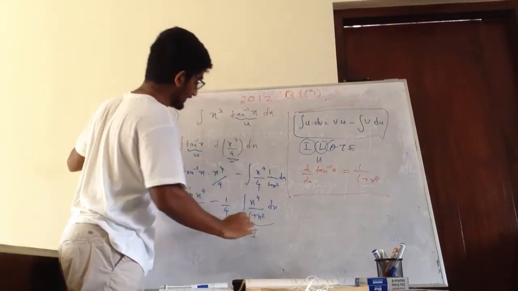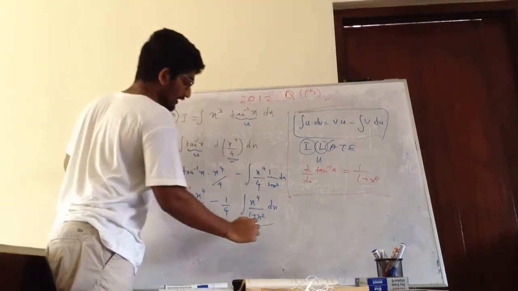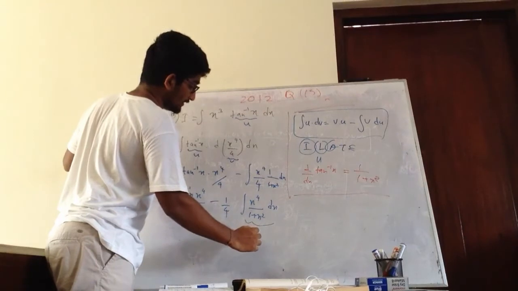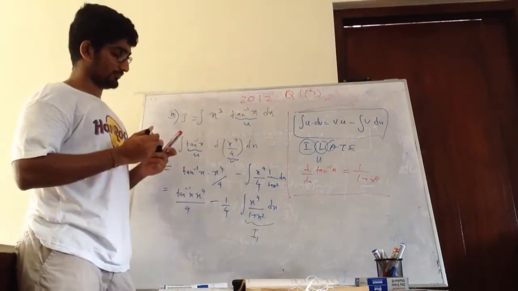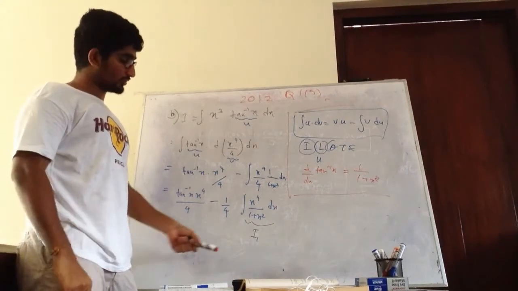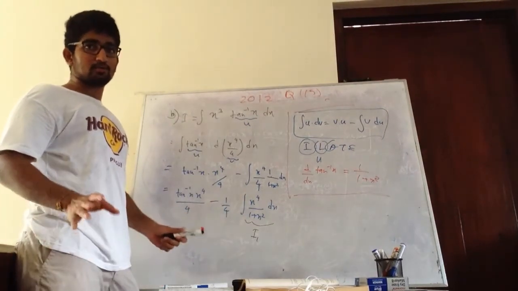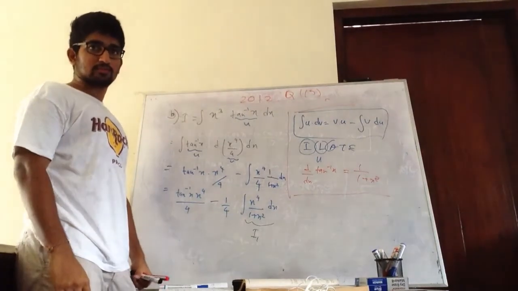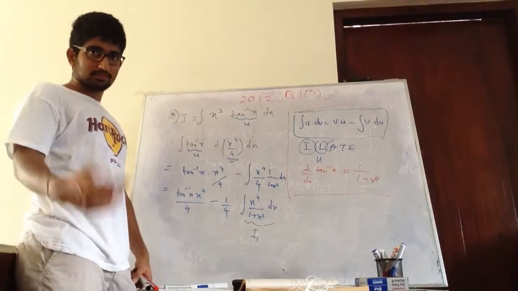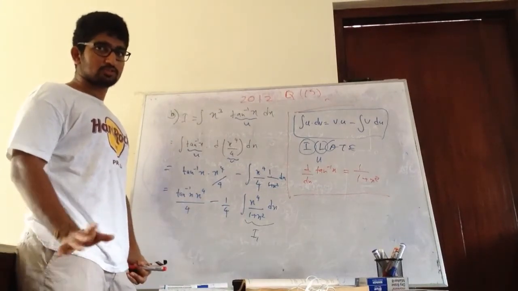I'll take this as I₁. I need to somehow simplify this now. For this you can do it in two ways. You can use a substitution or the normal way. So let's do the normal way.